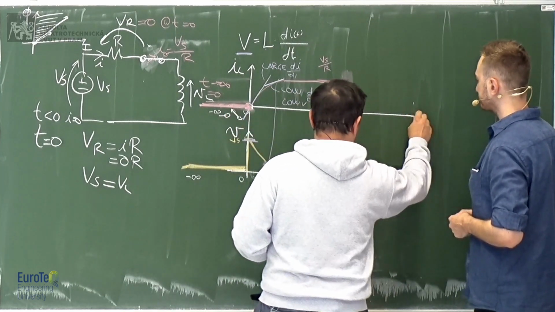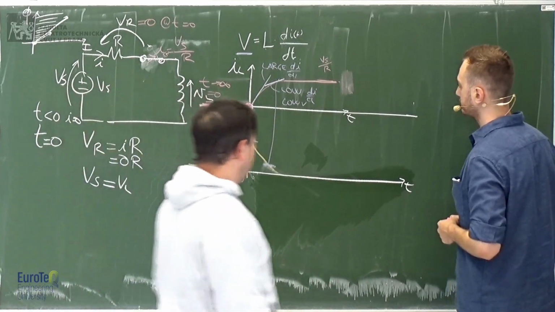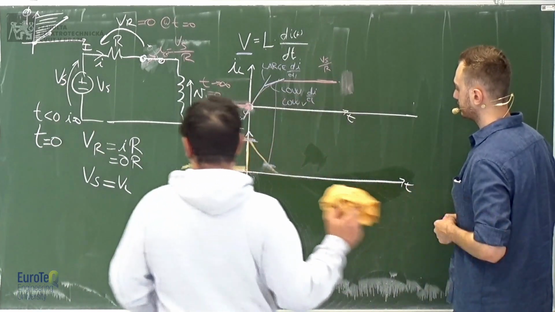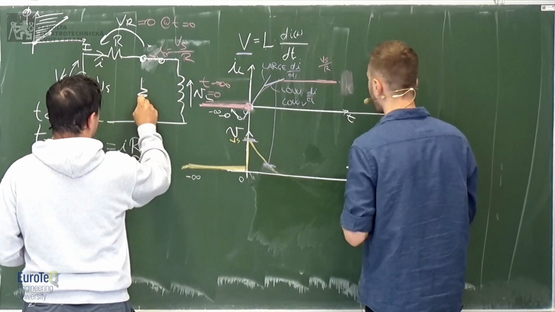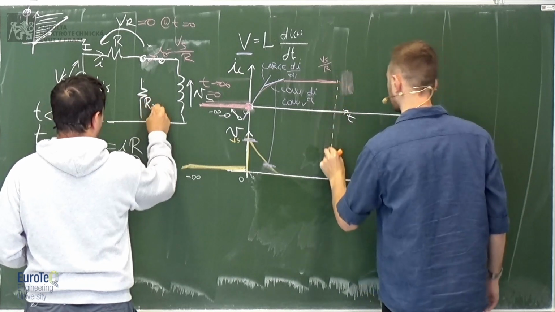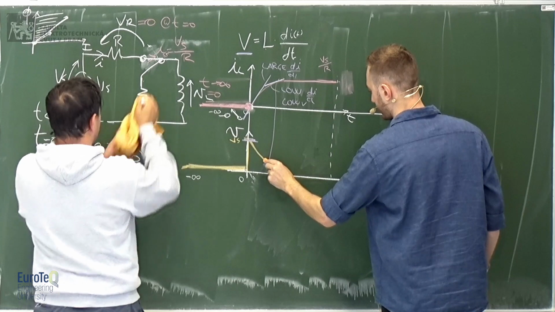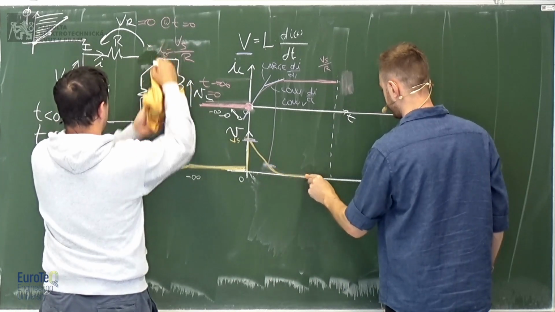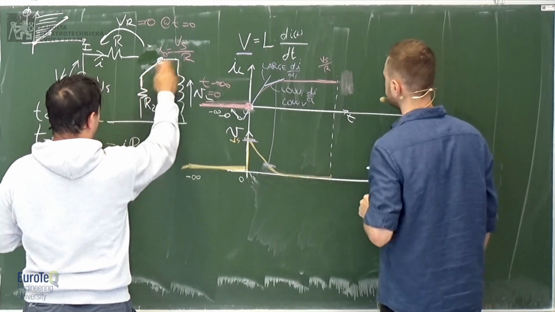Nice. Now, what happens if magically, at some point, we disconnect it from the main circuit after infinity, and we connect it here?